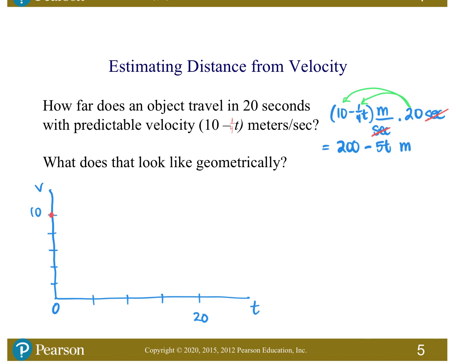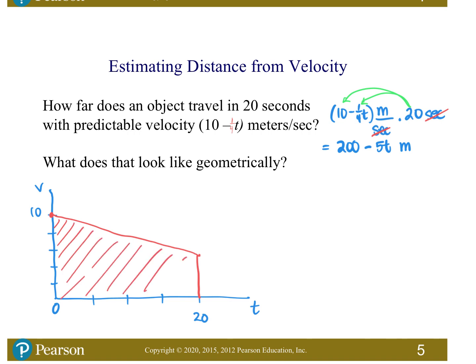If I follow that slope down 1/4, I end up with something that looks like this. That shape is no longer a rectangle. My shape is now, if you remember from geometry, the shape of a trapezoid. And I do still have a base of 20 like I did before.